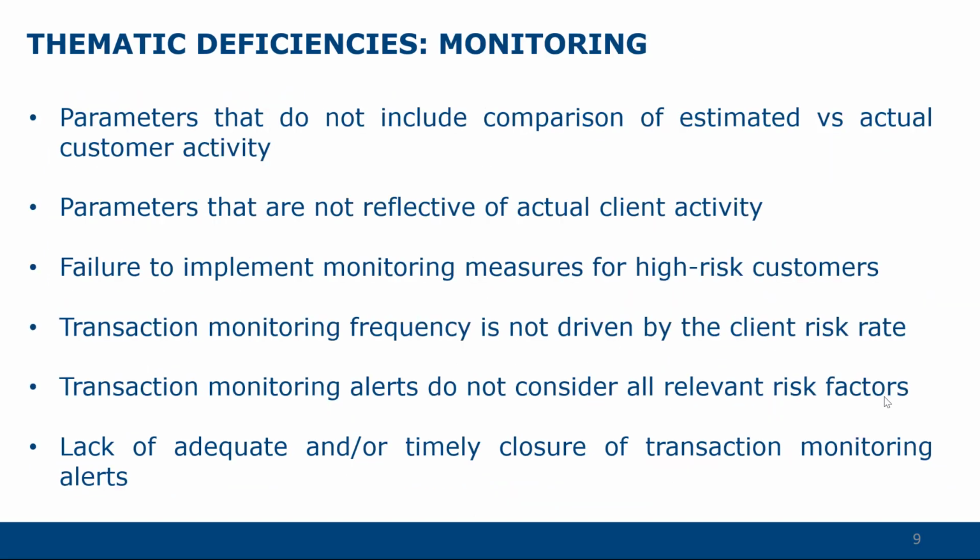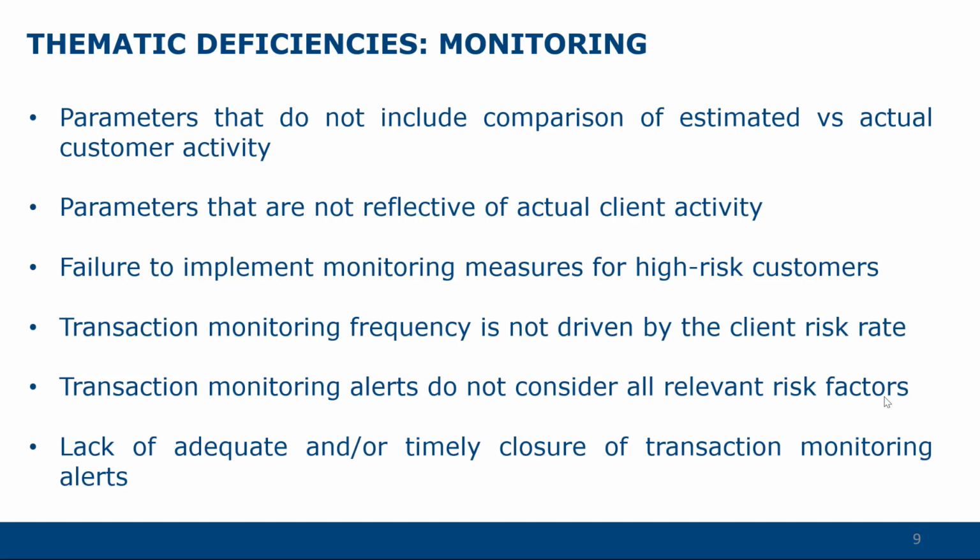Let us now discuss thematic deficiencies pertaining to monitoring. The first common deficiency is failure to include a comparison of estimated and actual customer activity. Understanding the trend of the customer activity and comparing that trend with the estimated activity provides key insights to the customer operations and AML, CFT, and PF risks.